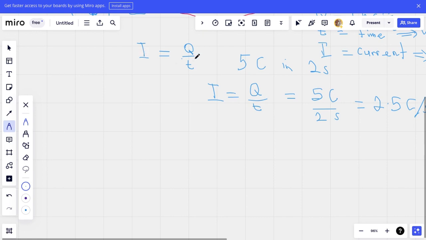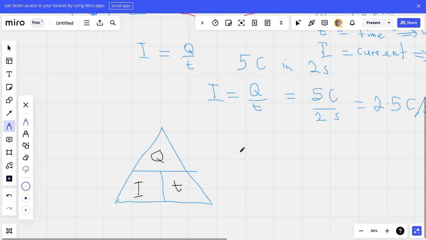Since you say current is charge over time, the amount of charge passing through a point per unit second. So we say current is charge divided by time.